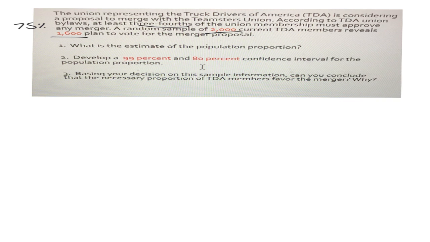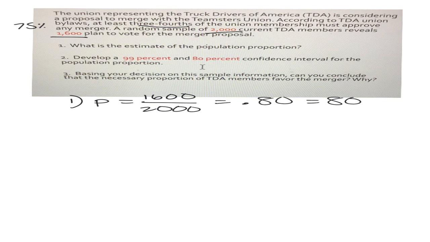Number one, what is the estimate of the population proportion? Remember, the estimate for the population proportion is the sample proportion. Here, 1,600 out of the 2,000 members would vote for approval, which is 0.8 or 80%.